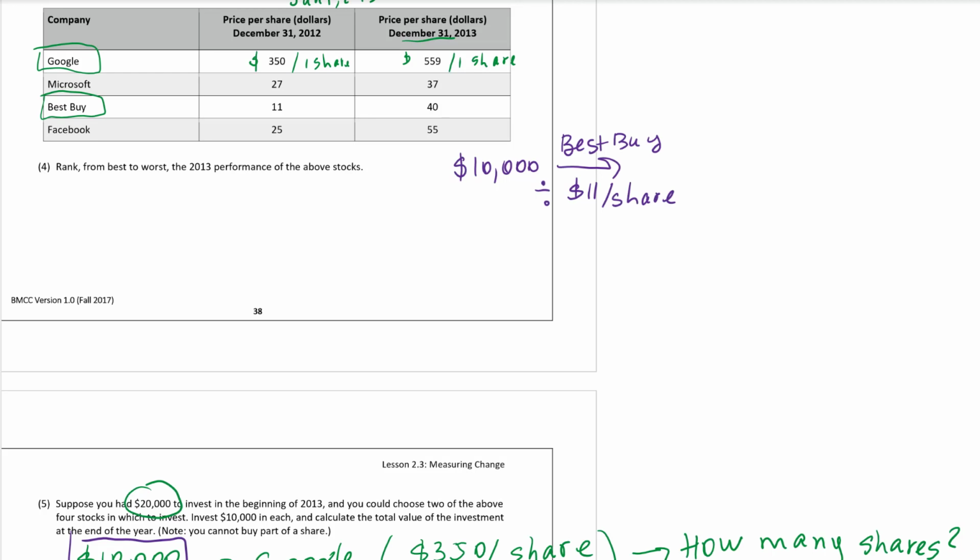It's like you're getting the coins. So you got 909.09. Let's round to the two places. Shares. And then you're going to sell them at a higher price, at $40 per share.